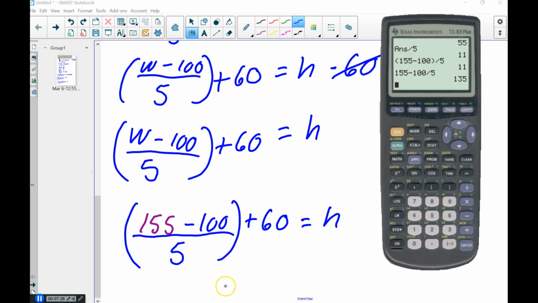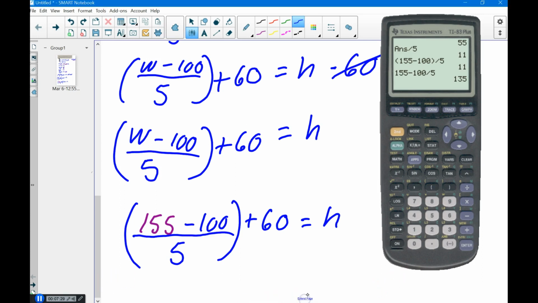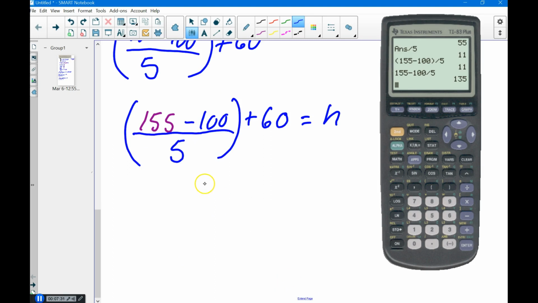So moving back down here, that gives us 11 plus 60. And this is in inches, don't forget. So we have 71 inches for height.